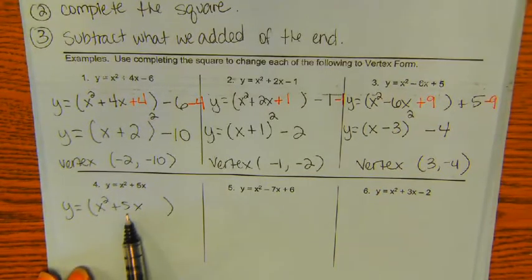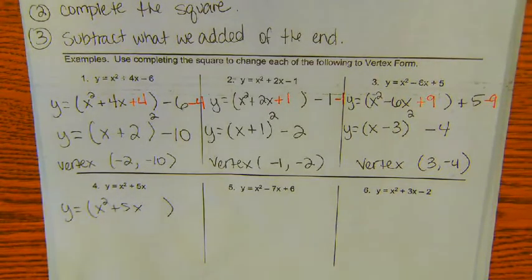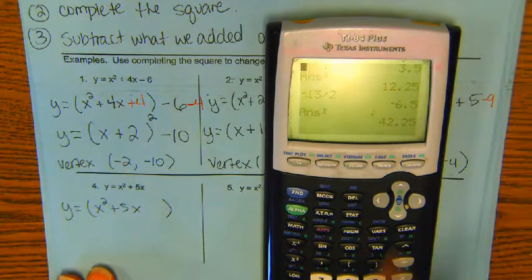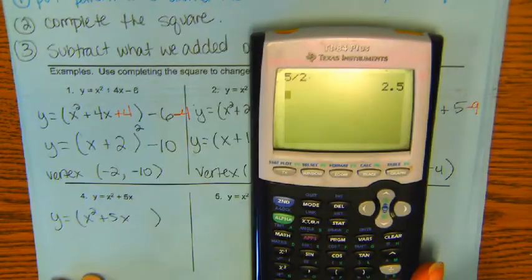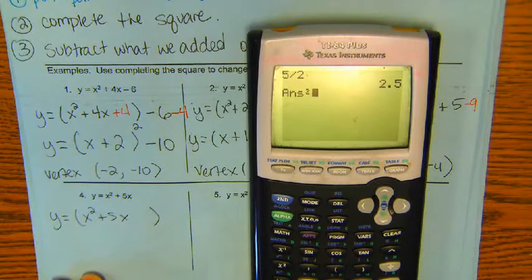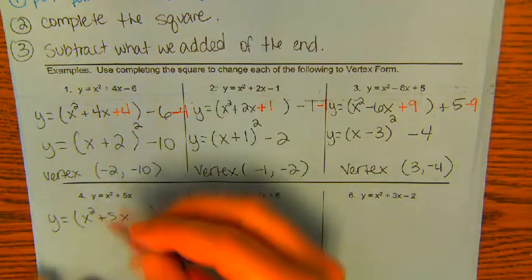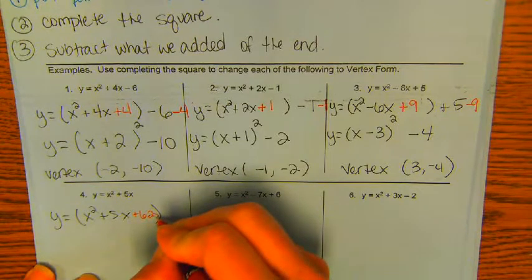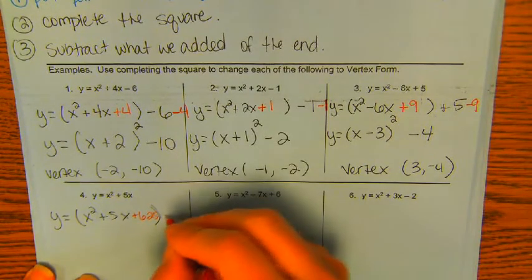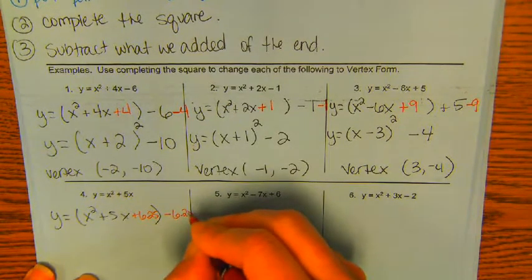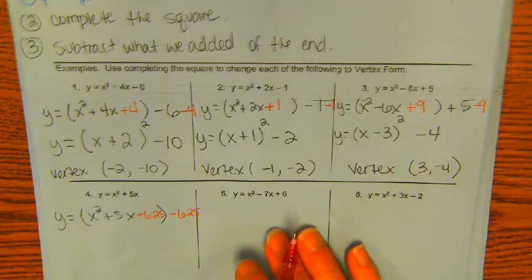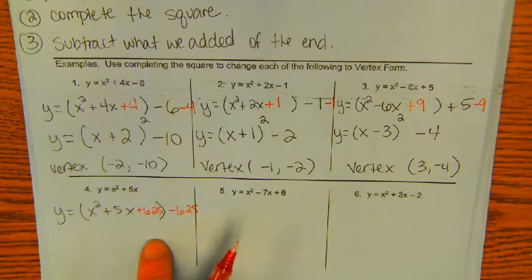What's half of 5? Now what do I have to do with 2.5? Okay? So I'm going to add 6.25 here. And then what else? Subtract it here. Now if you forget, like, what does it factor into? You got to think.